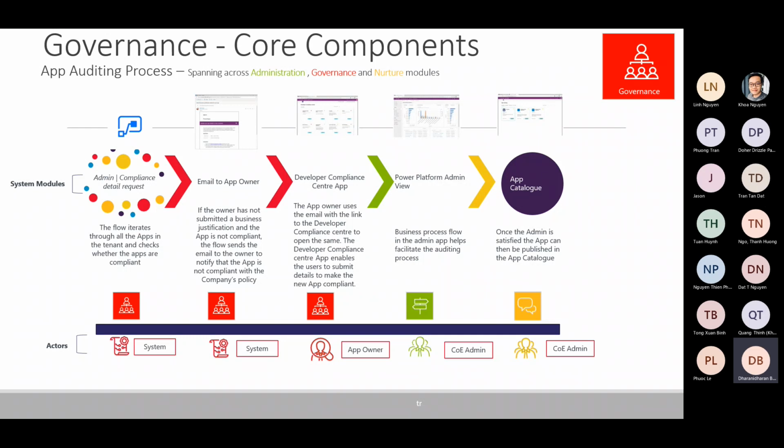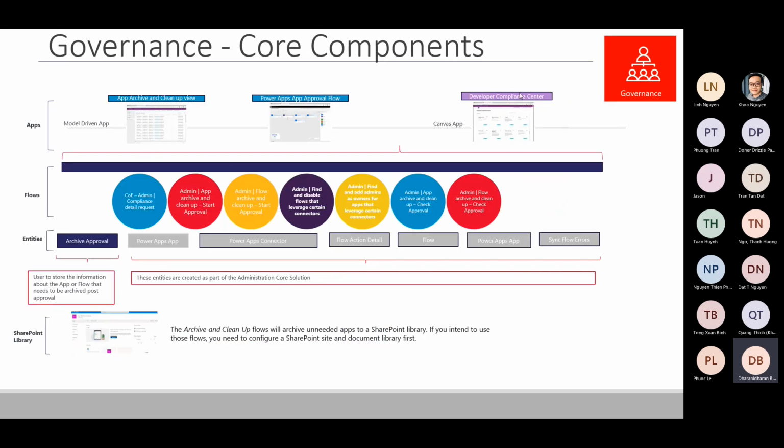Based on that, the admin will take care of the activities. All those things can be seen in the particular canvas app, previously the developer compliance center. If the admin logs into this center, all the apps in the organization will be listed environment wise.